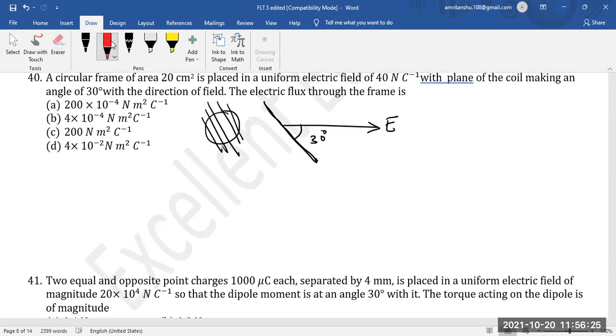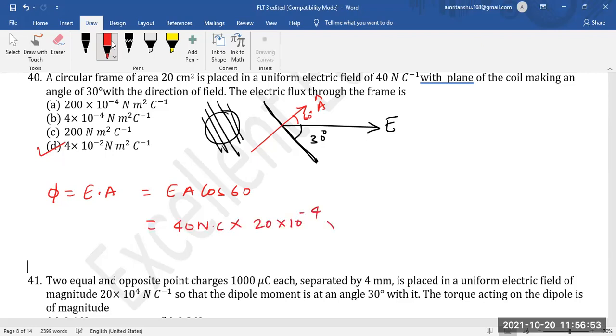If I draw a perpendicular on this plane, which also happens to be the area vector, this is going to be 60 degrees. So flux, we all know, is E dot A, which is EA cos 60. Putting all the values in SI units, we get the answer as D. 40 newtons per coulomb into area 20 into 10 raised to minus 4 into cos 60, which is half.